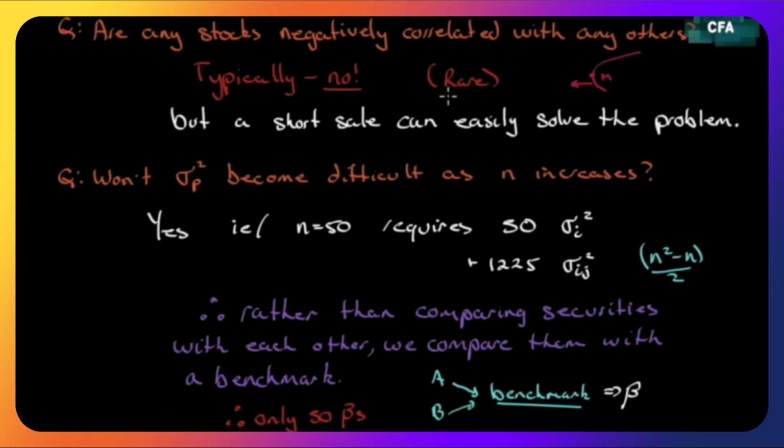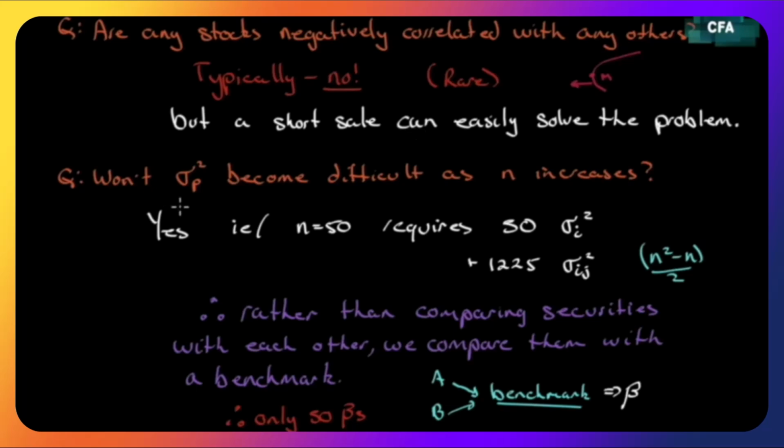So, it is rare that you're going to find negatively correlated stocks. However, a short sale can easily solve that problem. So if two stocks are not negatively correlated, if you short one and you're long the other, you have negative correlation automatically. You can engineer negative correlation if you cannot find negative correlation.